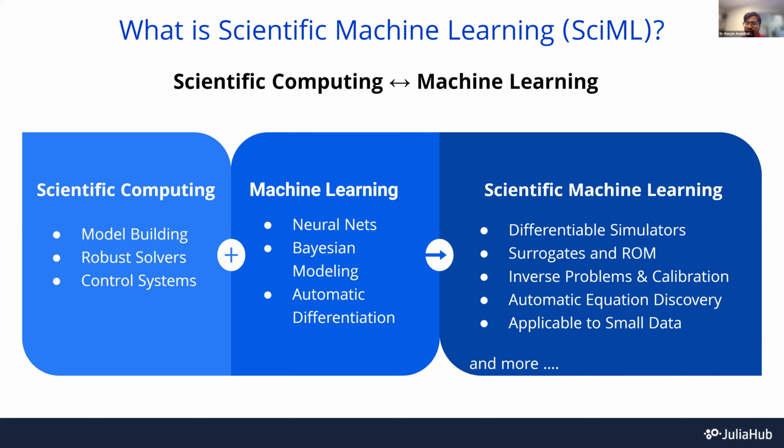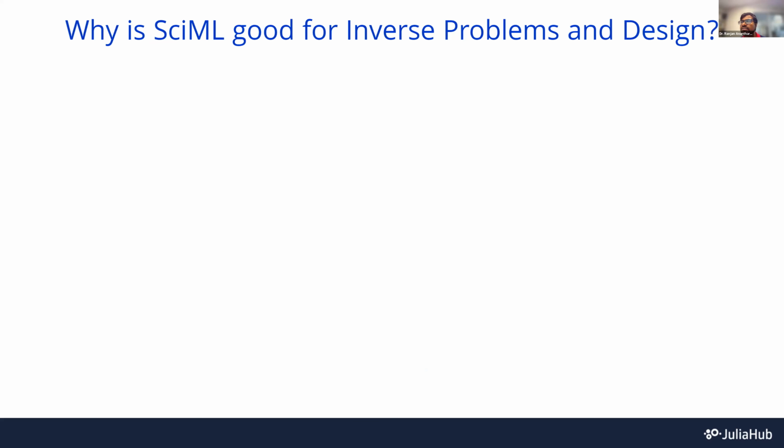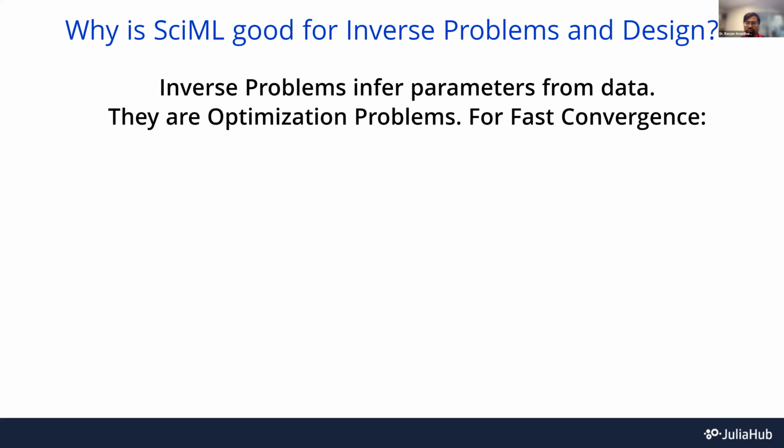Now, JuliaSim is this set of tools brought to the enterprise. To show you, what we've decided to do with this webinar is to take you down the path of one specific problem, or one specific vertical, which is inverse problems and design problems. Maybe first I should define what an inverse problem is.